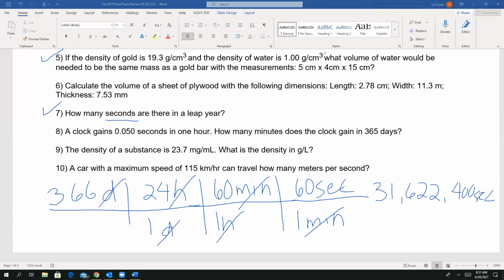Or if you wanted to give this in scientific notation, it'd be 3.16224 times 10 to the 7, seconds. Okay, and there you go.